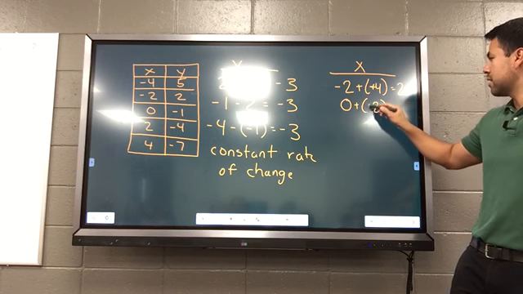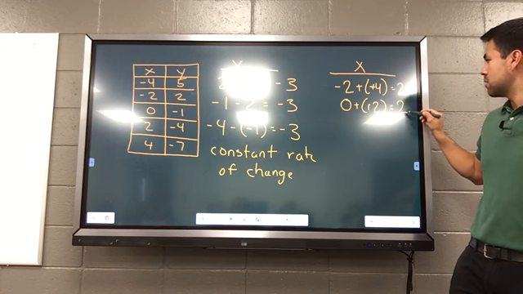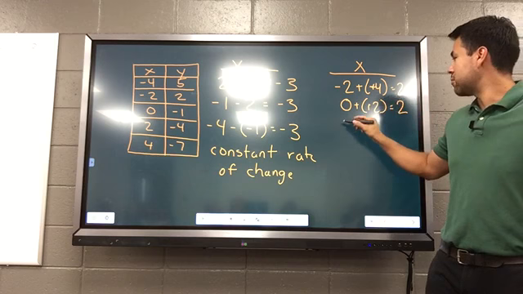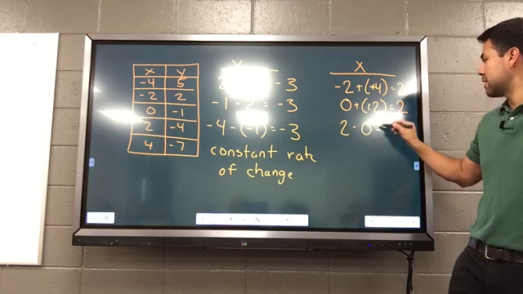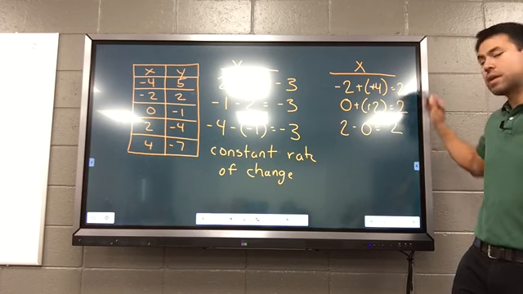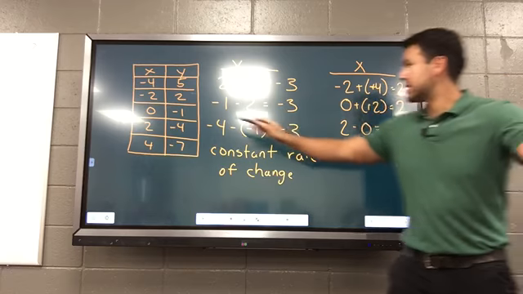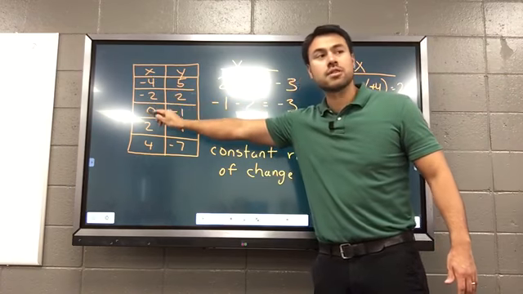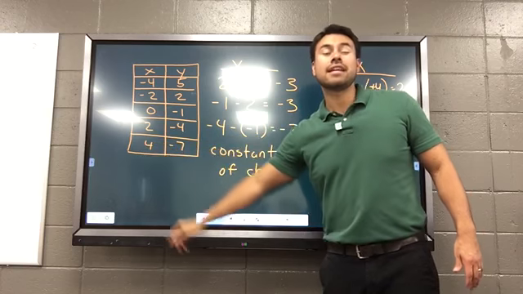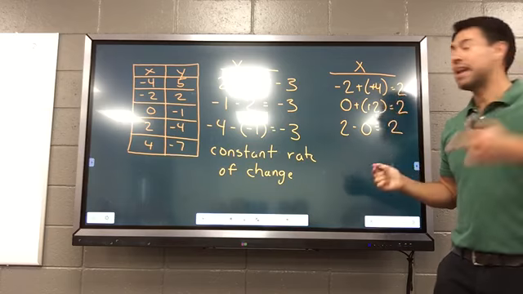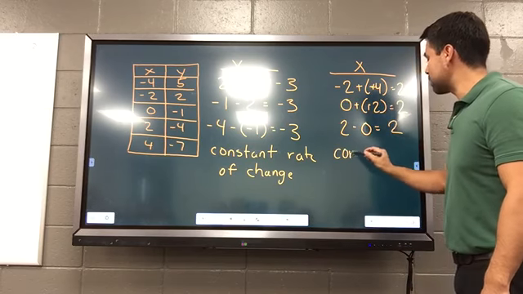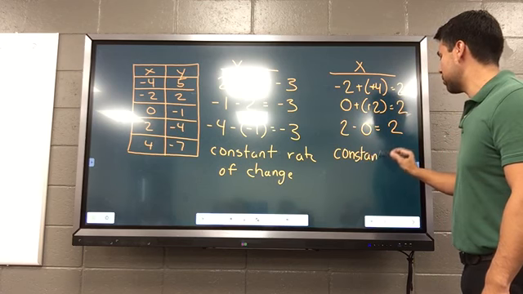What would that give me? 2. Whoa. And the third one, just to try it out again? 2 minus 0 would give me 2. Do we have a common difference? Yeah. Is this column a sequence as well? What kind of sequence? Arithmetic. And it could even be geometric, but we're not looking at those today.